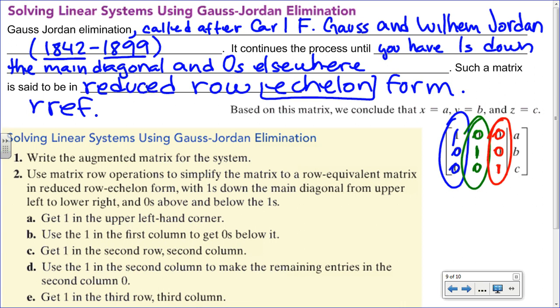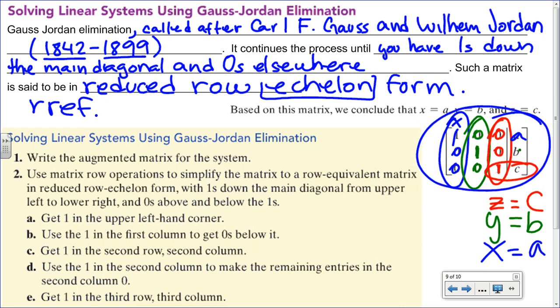At the end you get something very simple: z equals c, where c represents the number, 1y equals b, and 1x, because this is the x column, equals a. So there's no need for back substitution. That's the difference: you just get it all done. I personally prefer this one.